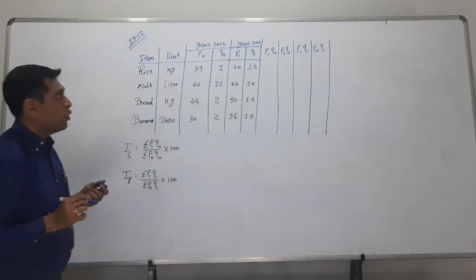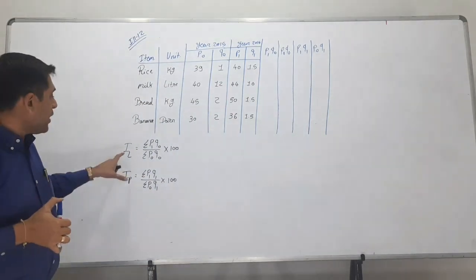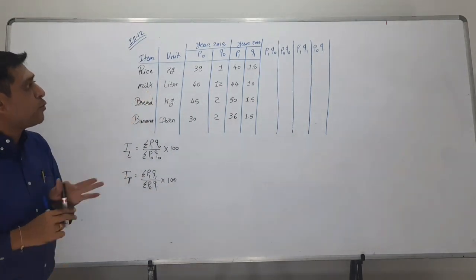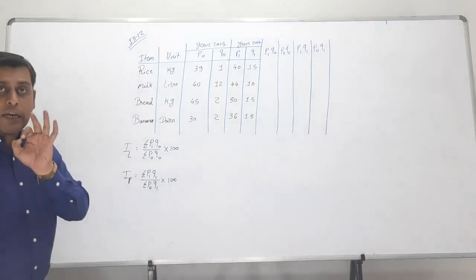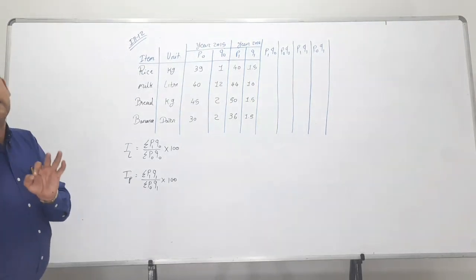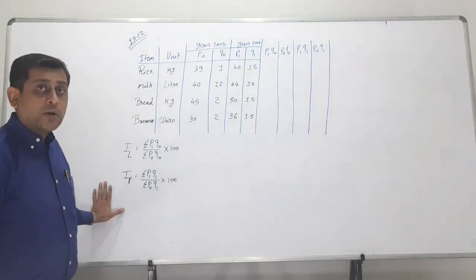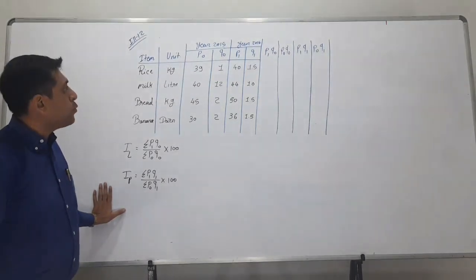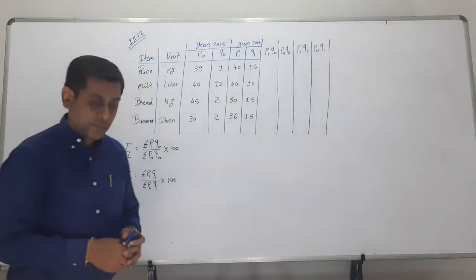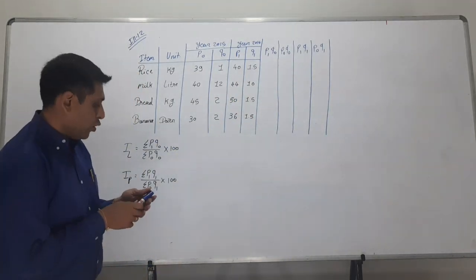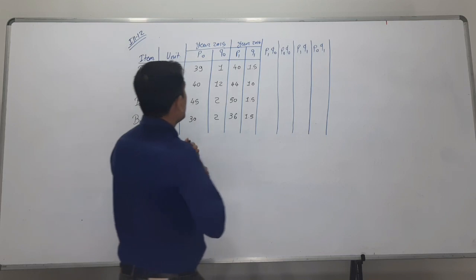Right? So for Laspeyres and Paasche we have to prepare 4 columns in all the sums. Whenever they ask about Laspeyres's formula, Fisher's formula or Paasche's formula, we have to prepare these 4 columns compulsory.